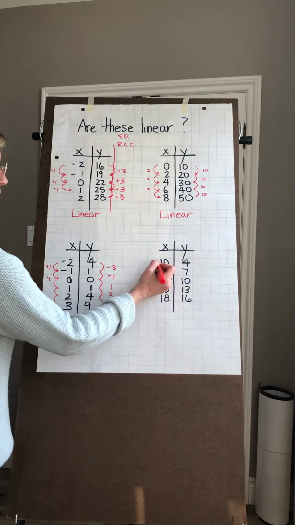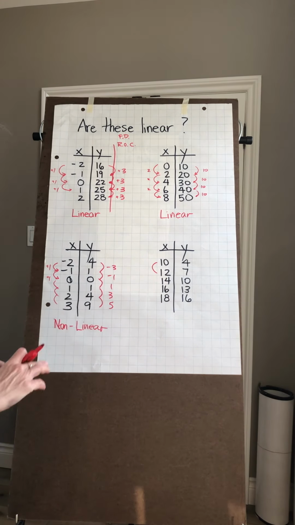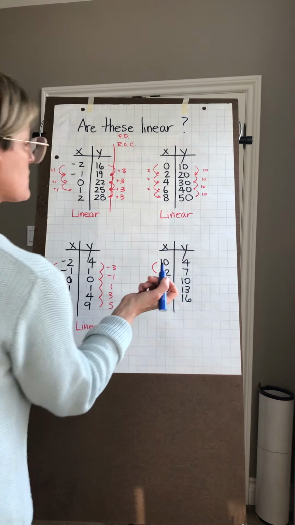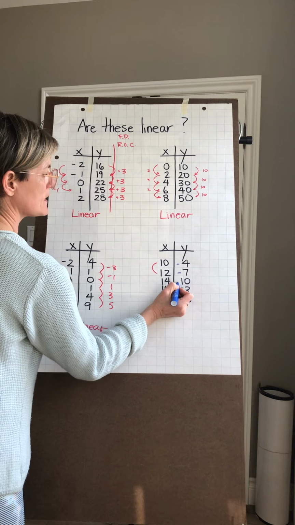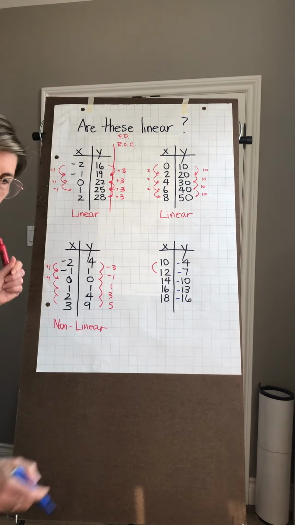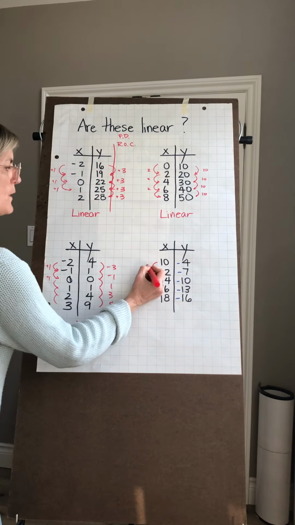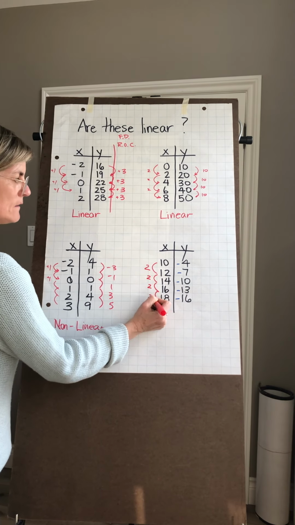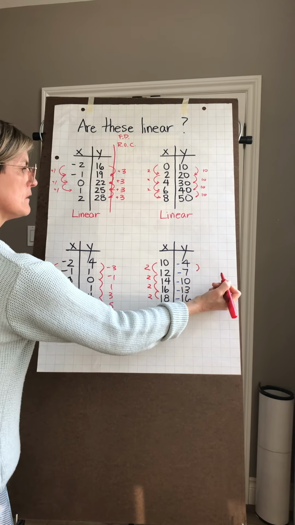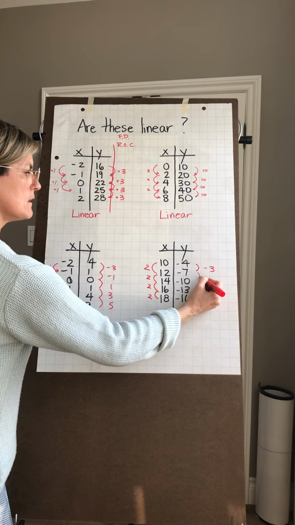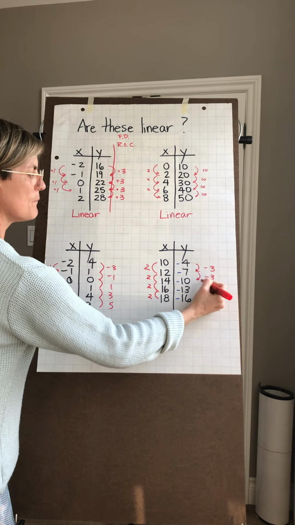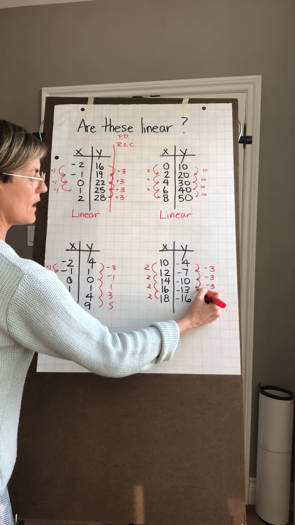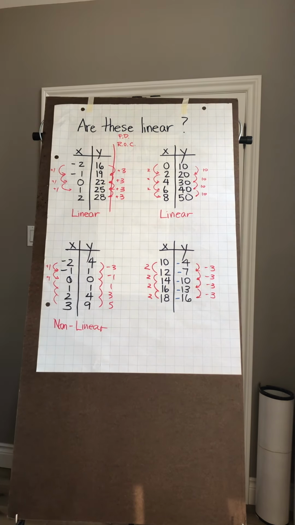Okay, one last one. I'm going to change this up a little bit because I didn't do any of these and I should have. So we're going to make those negative. As we go up by 2 on this side, we are going down by 3 on this side, okay?